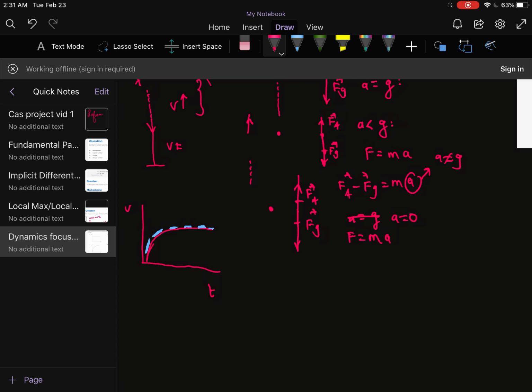Now, if you've studied derivatives, you don't have to, but it's actually a very easy concept because the derivative of a velocity time graph is the acceleration time graph. And so what's happening is that your acceleration starts at pretty much something like g, but then as the ball is going down, that a value is going down, down, down, down until it hits 0.